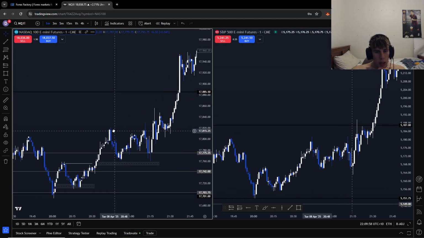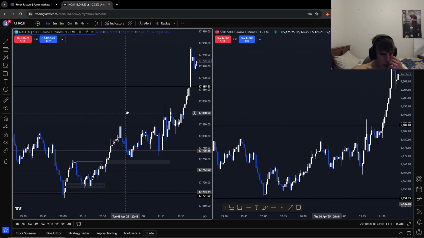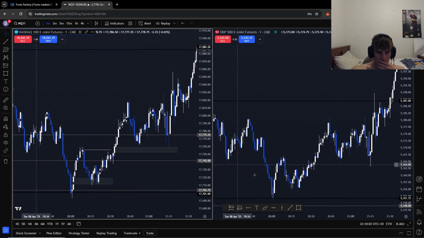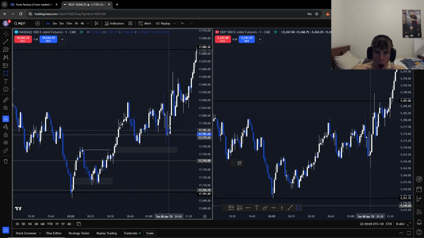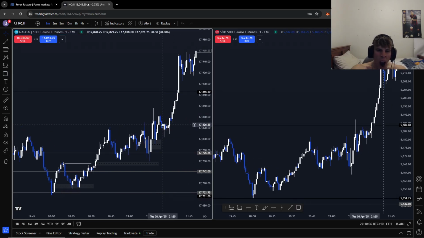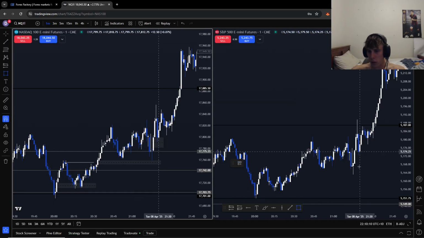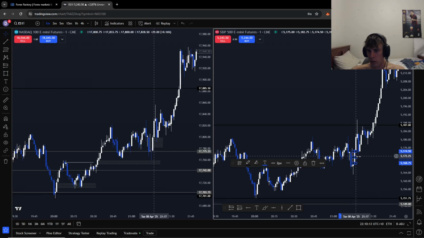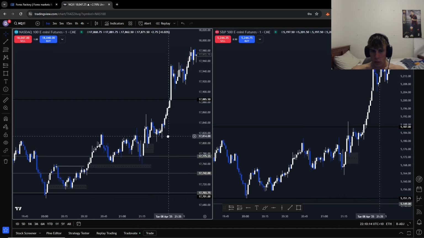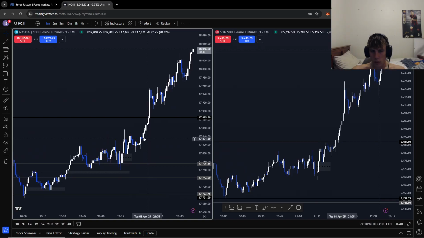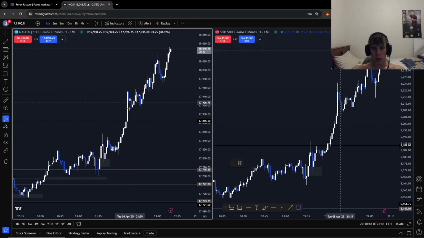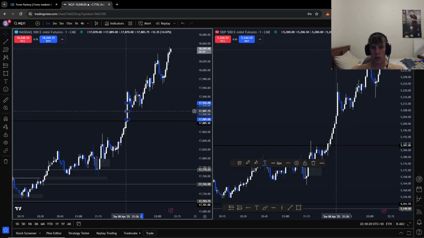Nothing here. So then the next closest fair value gap is this one, which doesn't actually get tapped fully, nor does it on ES. It's only up here, and this is just kind of far.